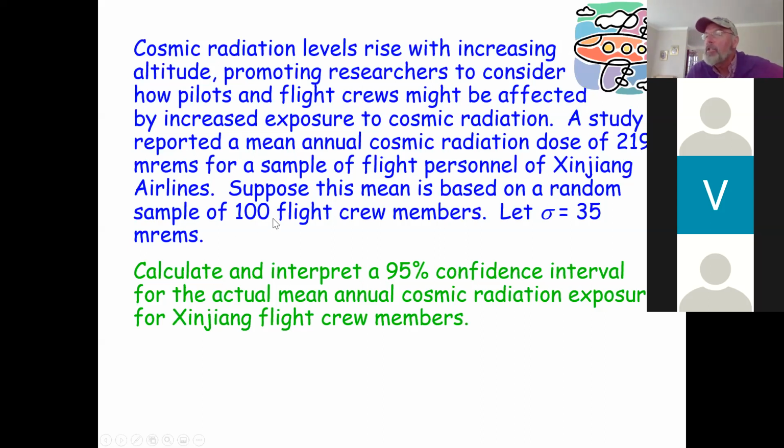We have a sample size of 100, and the standard deviation of the population is 35. Calculate and interpret a 95% confidence interval of the actual mean annual cosmic radiation exposure for these flight crew members.